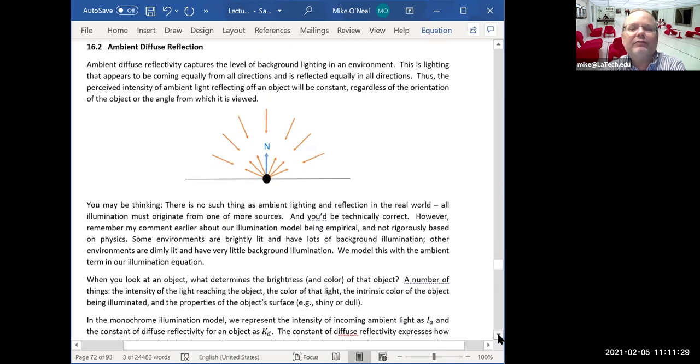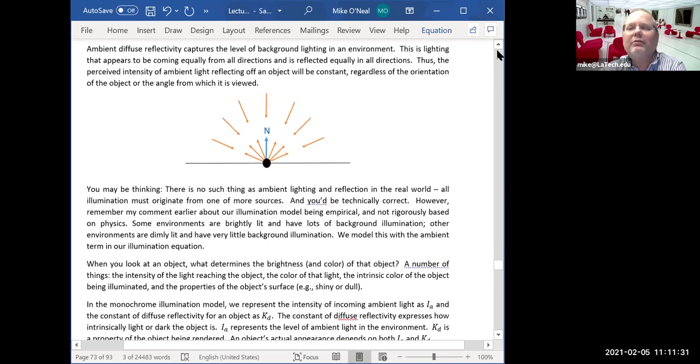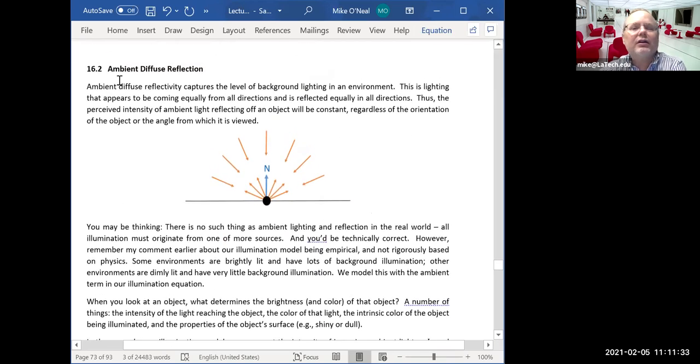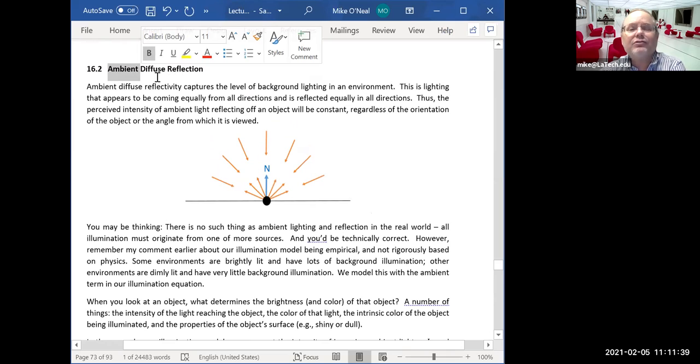Again, we covered all of this last time, but I wanted to set the stage again. Ambient diffuse reflection, we normally just call this ambient. It is a type of diffuse reflection, but it's ambient diffuse. Ambient means the light's coming in from all directions, and diffuse means it's being reflected in all directions.